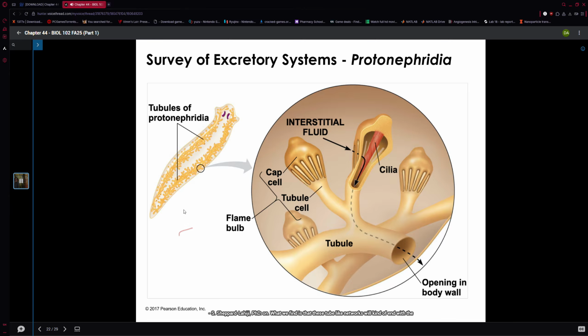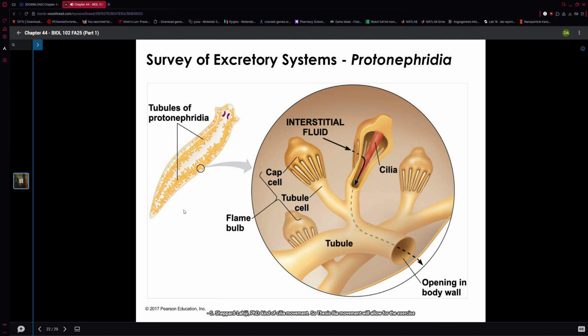These tube-like networks end with the formation of a flame bulb, and the flame cells will be able to draw fluid through the openings that you see there, as a result of cilia movement.